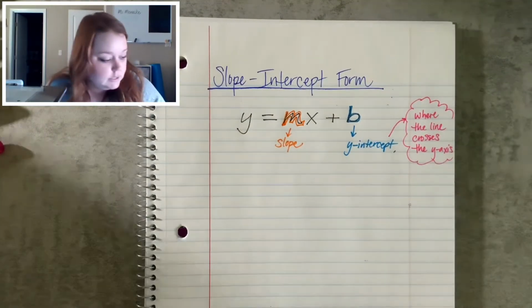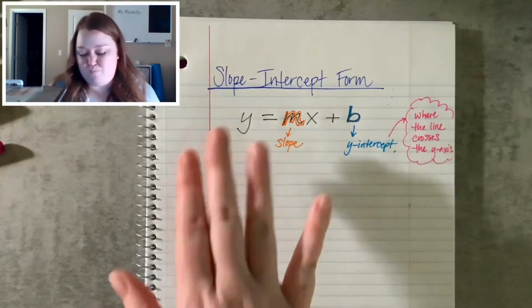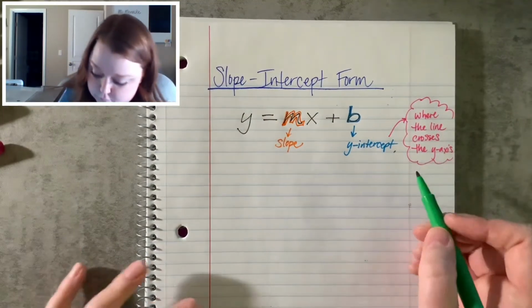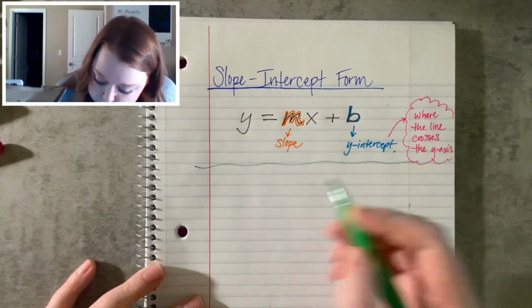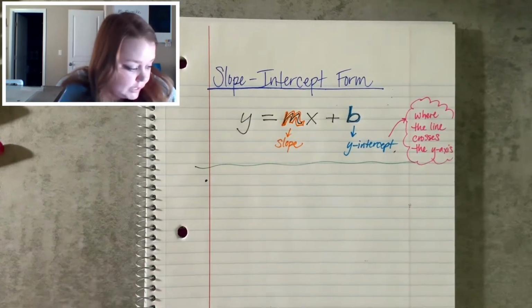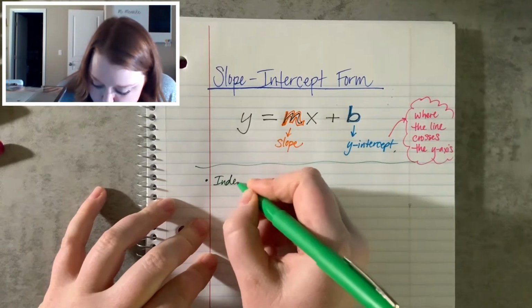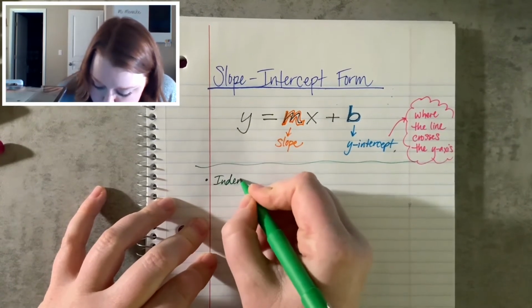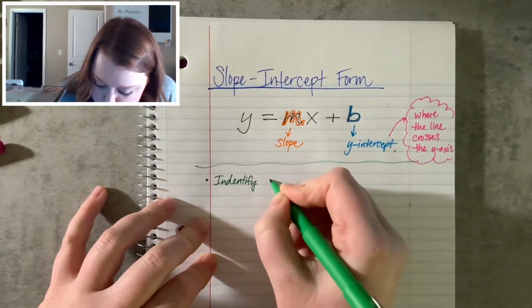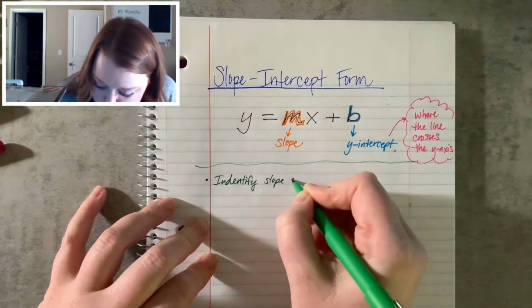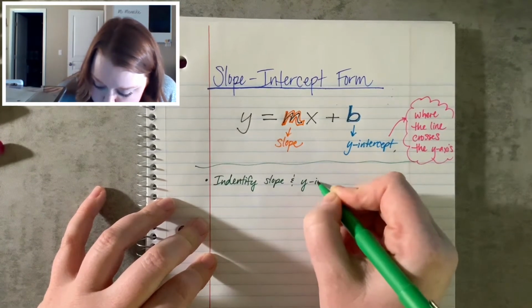Okay, so let's get some practice with what this form is and all the little parts and pieces. Our first little section here is going to be identify slope and y-intercept.